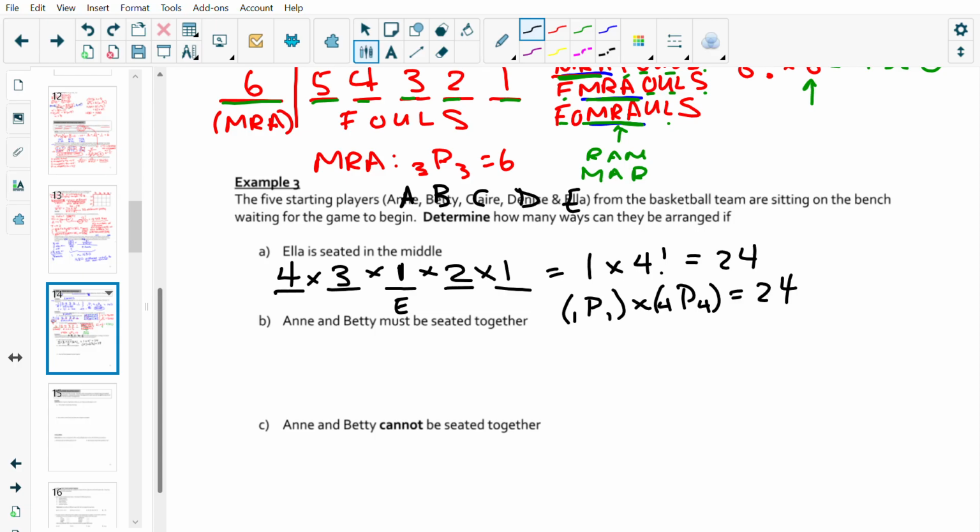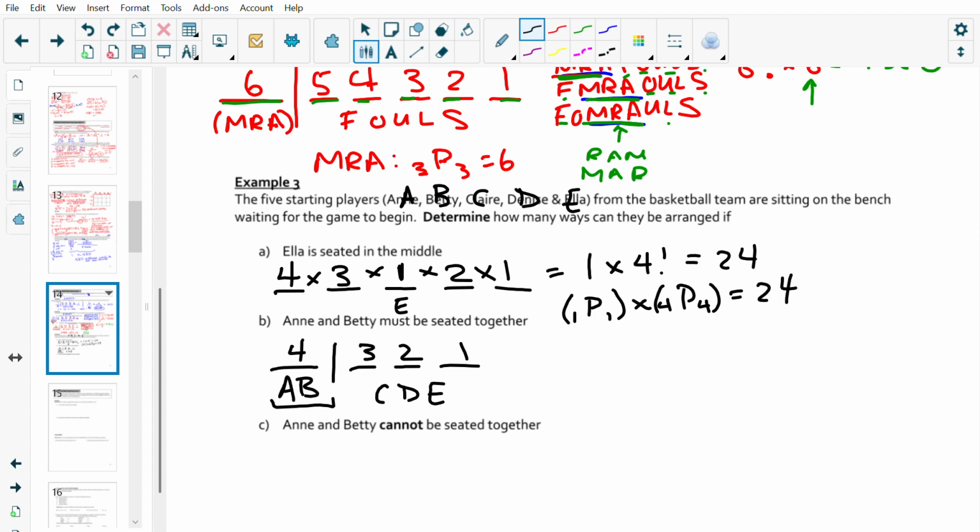Anne and Betty must sit together. Okay. Let's see. So this is Anne and Betty. And then this is CD. Oops. Anne and Betty. And then 3 more seats, right? C, D, E. So if I take A and B, just like our example with the OR and the MRA, this AB is considered as one block.